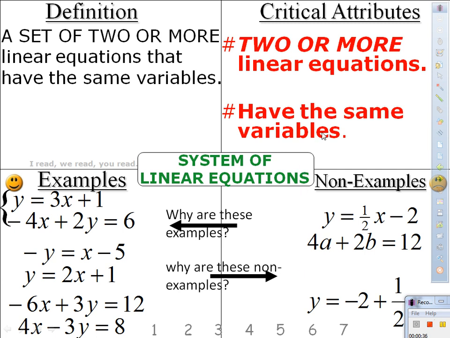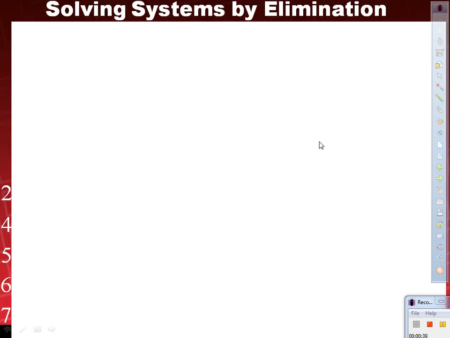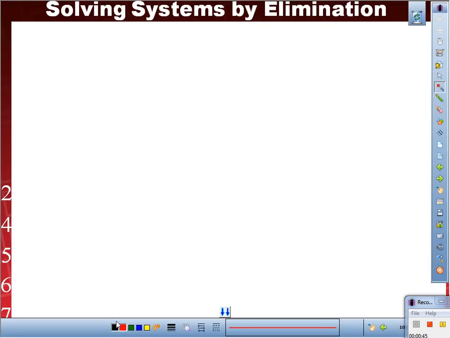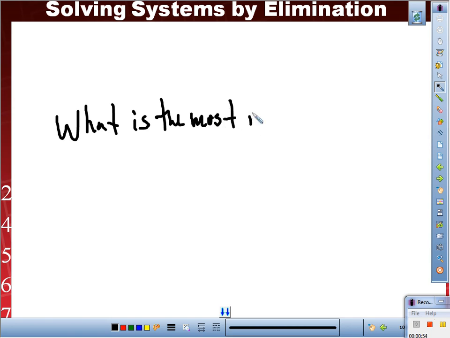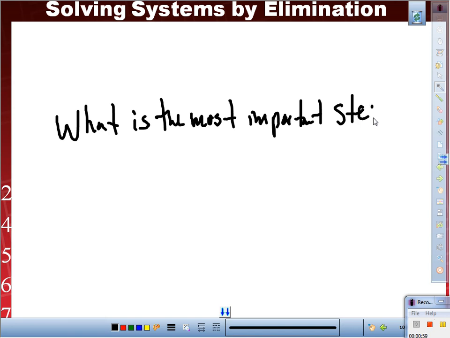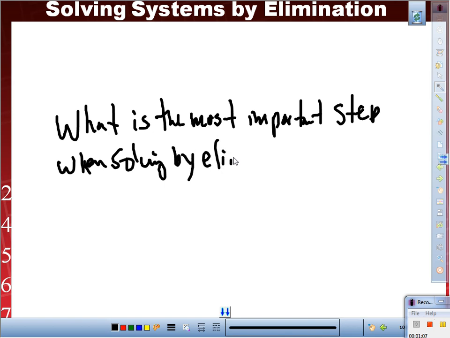Okay? All right? So, at the bottom of your summary section, right above it, write this question down. Question: What is the most important step when solving by elimination?